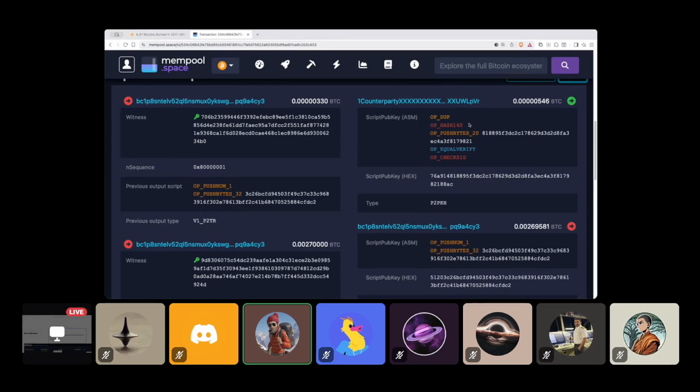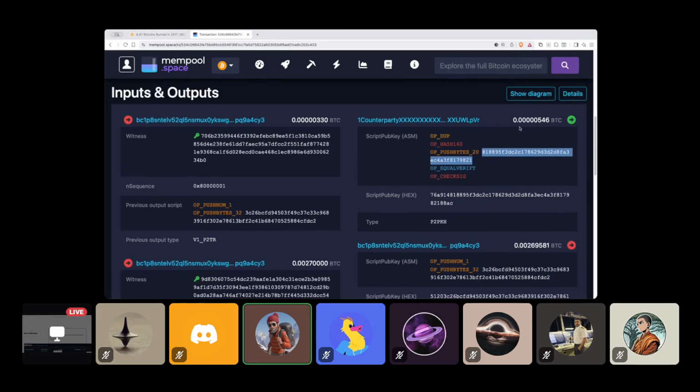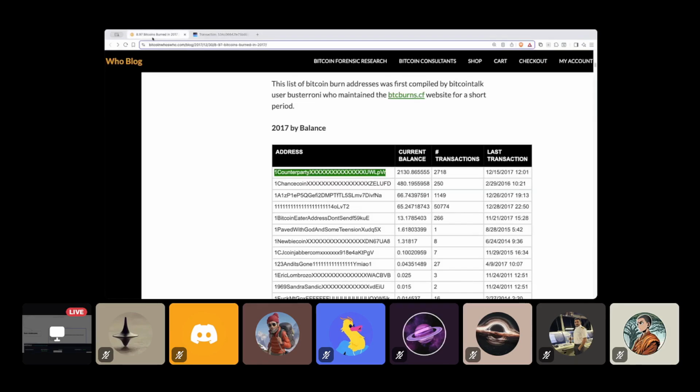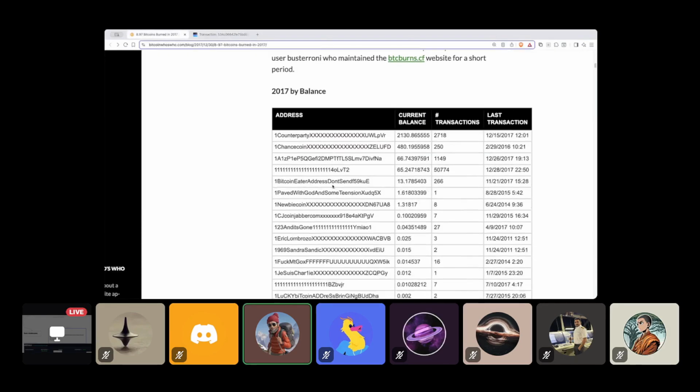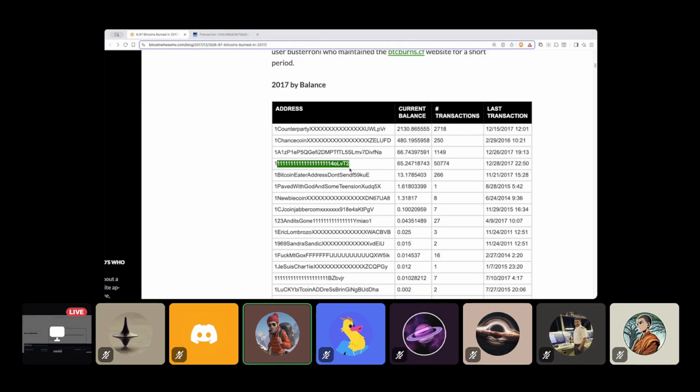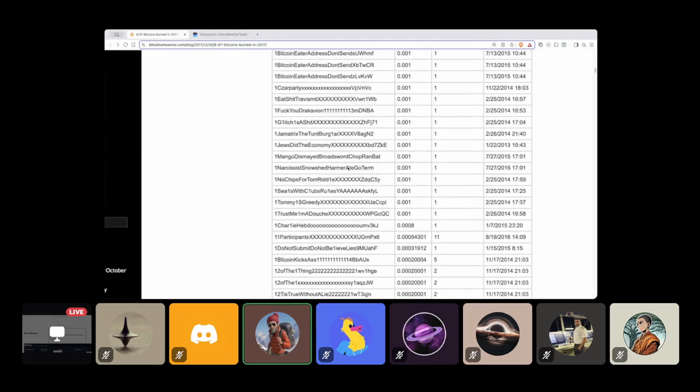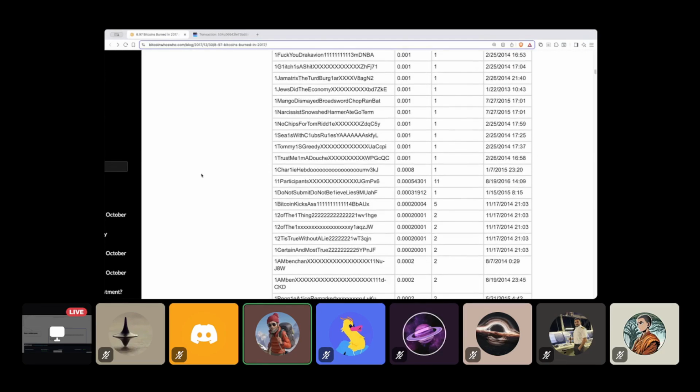You can see here, they have a script pub key, but I think this doesn't check out to any proper private key. So this is considered as burnt. Similarly, there are a lot of other such addresses. This is what we saw earlier. This particular address, and yeah, this list goes on.